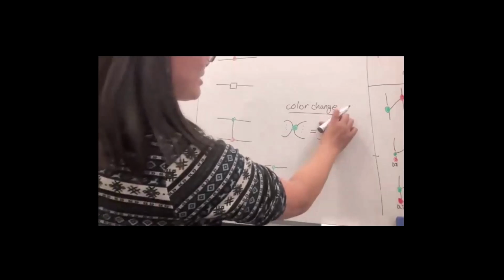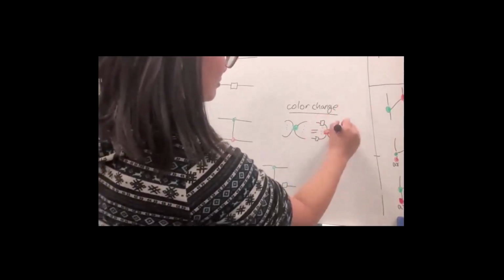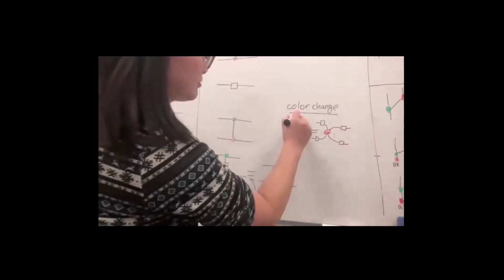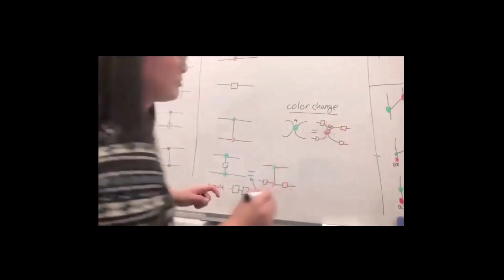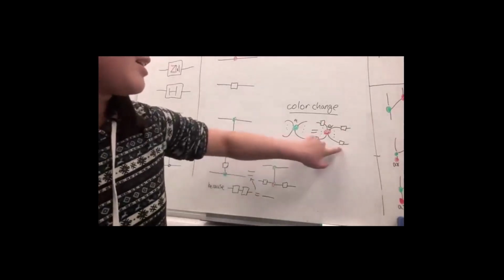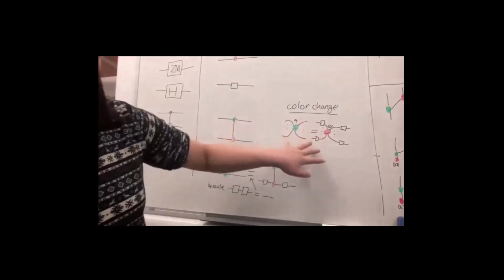It turns out you don't need so many rules. No matter what the phase of this spider was, if you put a Hadamard gate on all legs of the other color spider, they're equal.